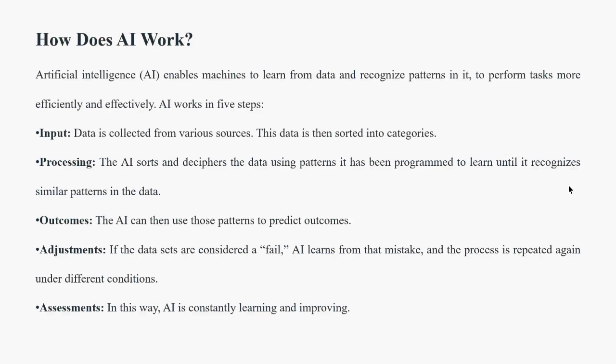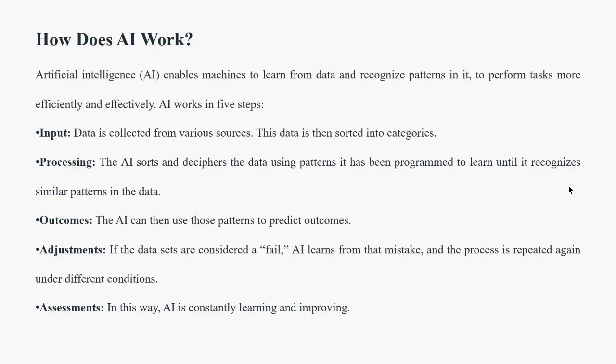Some may be a direct answer, some will be deciphered. And it learns until it recognizes similar patterns. So there'll be a number of inputs and data that are being stored in different kinds of patterns. So it will check whether those patterns already exist in the knowledge base. These terminologies are a little technical, like knowledge base and all. You'll learn in the forthcoming slides.